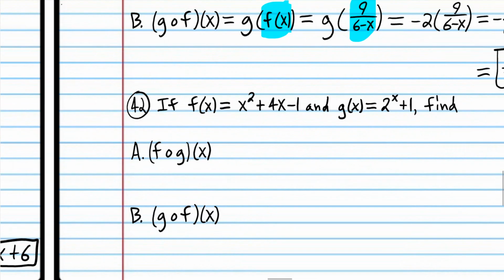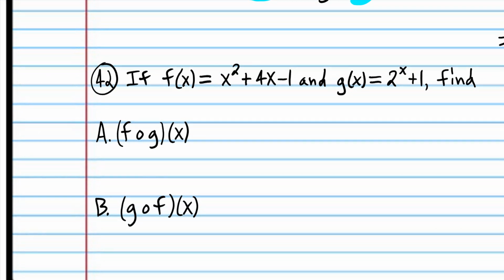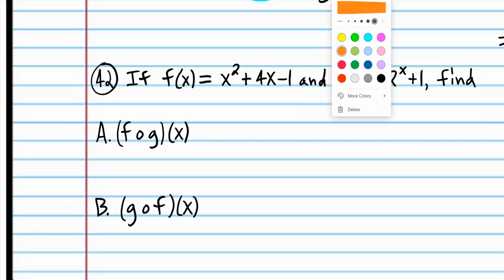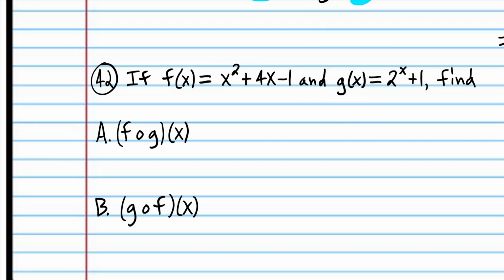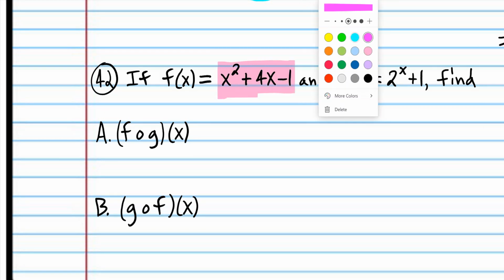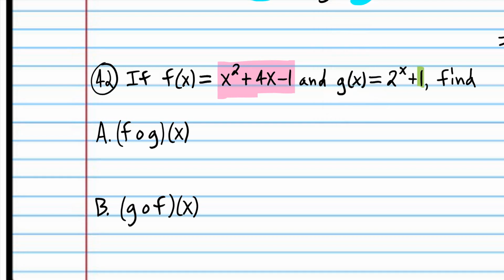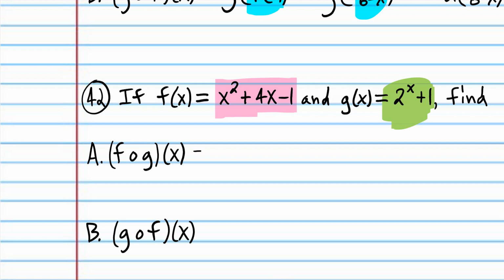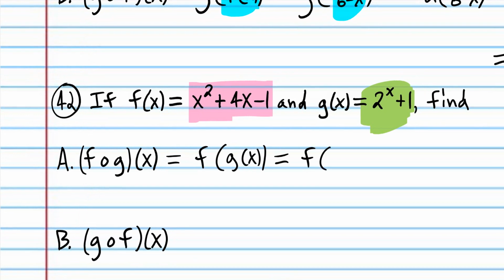All right, we're back. So I'm going to make this expression pink, and the other one I'll make green. And we want to find f of g of x. G of x is 2 to the x plus 1.